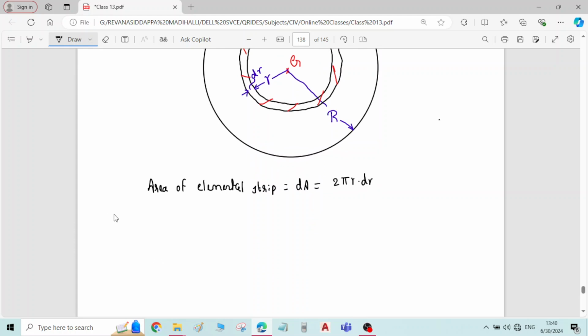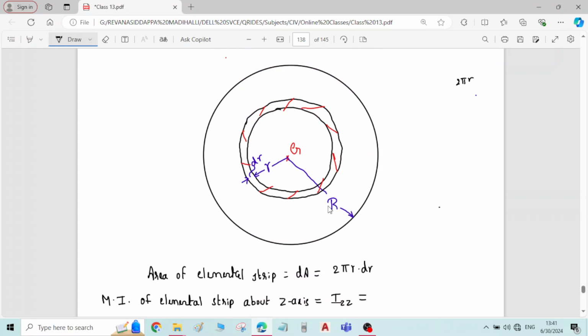In the next step, we will find the moment of inertia of the elemental strip about the z-axis, Izz. Where is the z-axis here? The z-axis is perpendicular to the screen.